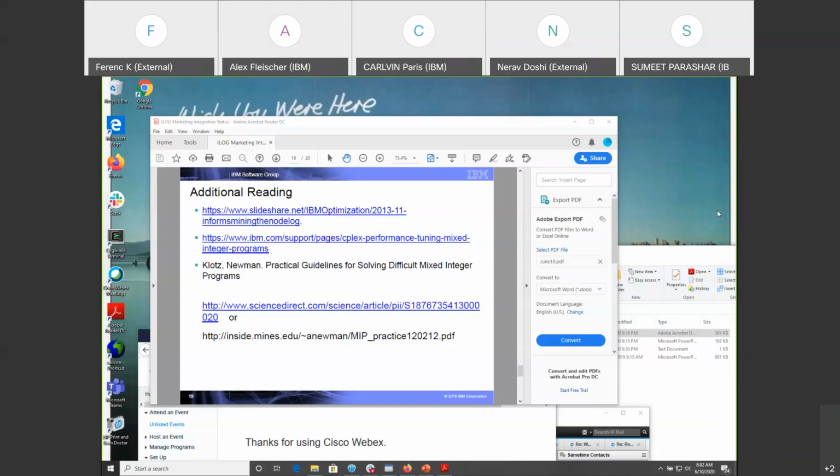You have CPLEX running for 10 seconds, giving a solution. You take this solution and you warm start it into CPO. CPO will work for 10 seconds and give that solution back to CPLEX, and again. That way, you can have very nice results that you would not get by using only linear programming or only constraint programming, in a nutshell.